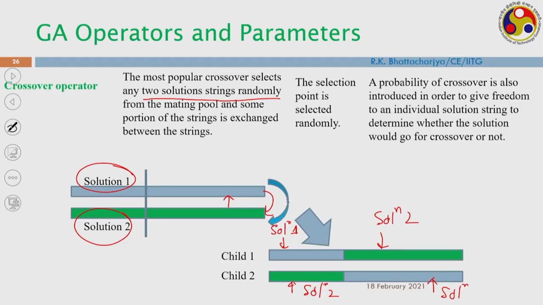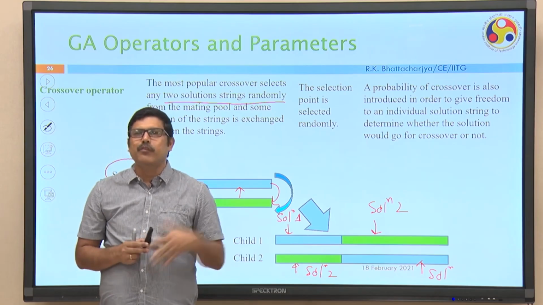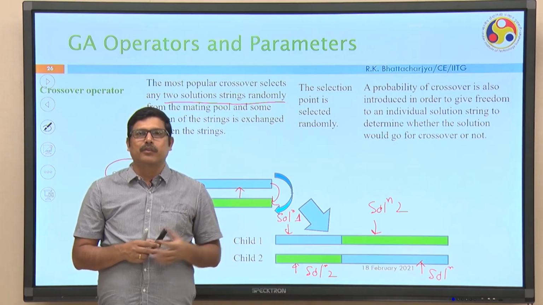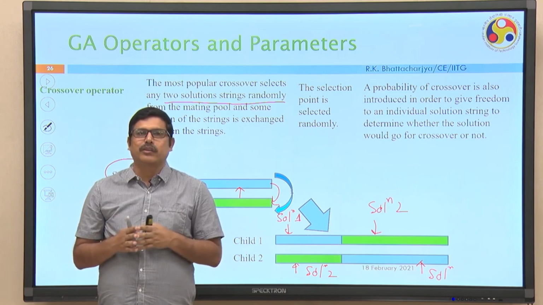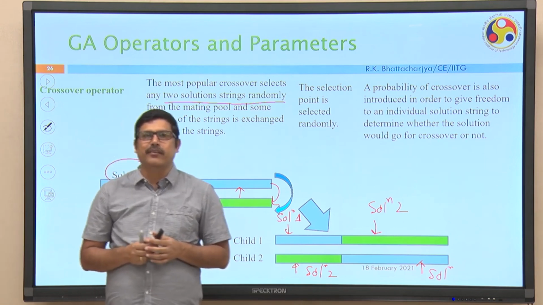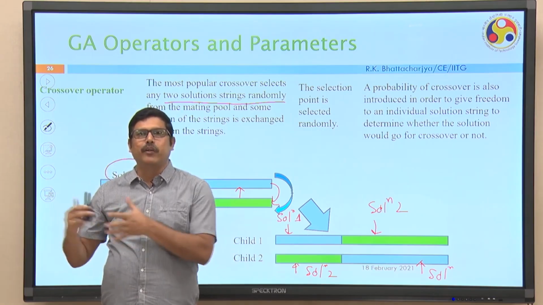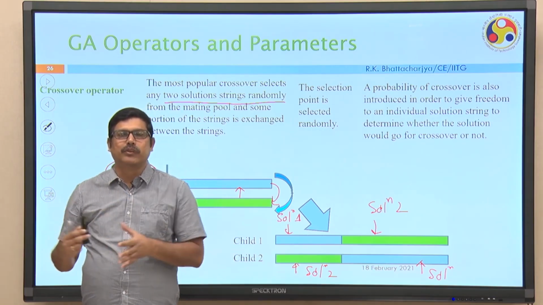The concept is very simple. From the mating pool you select two chromosomes, and these go for crossover. Crossover means a crossover site is selected randomly, and then you swap the gene information and get a new solution.